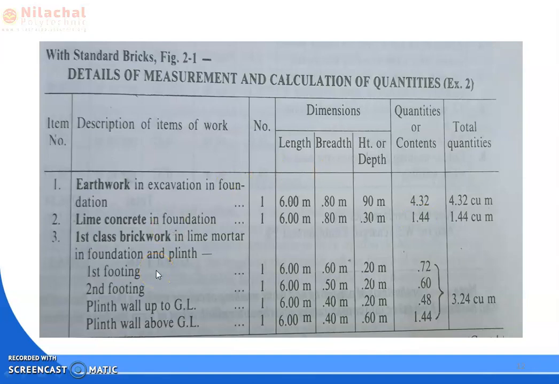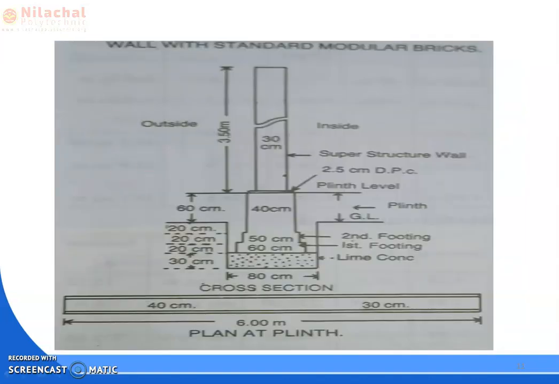Then we go to the third part, first class brickwork in lime mortar in foundation and plinth. What is it? First of all, we know about foundation and plinth.